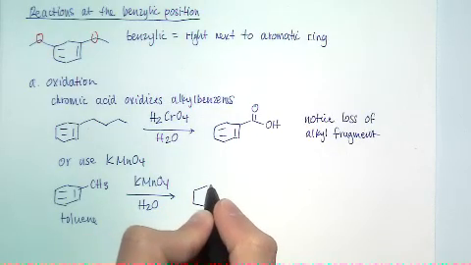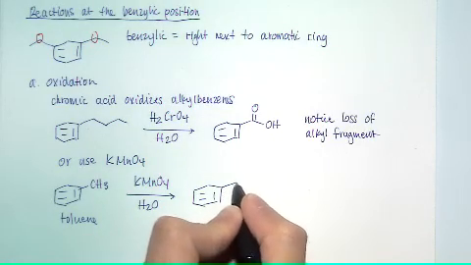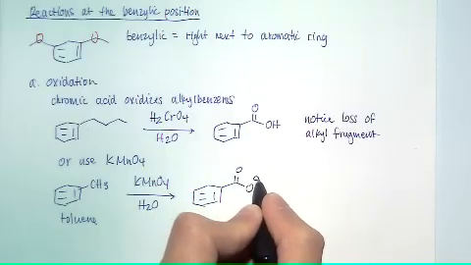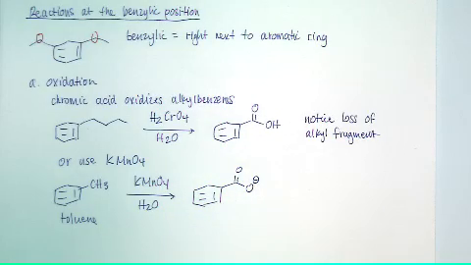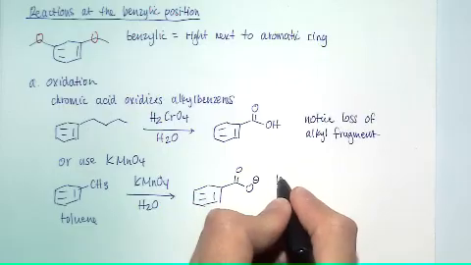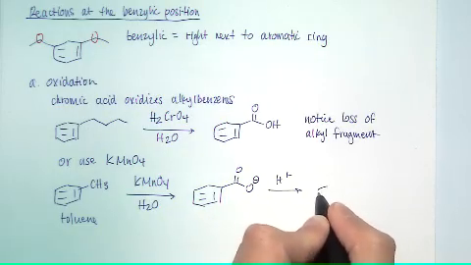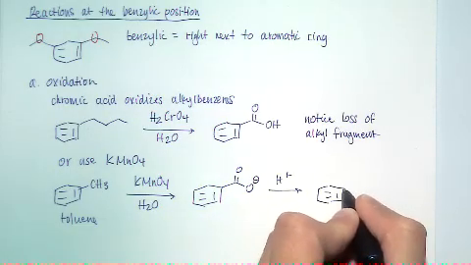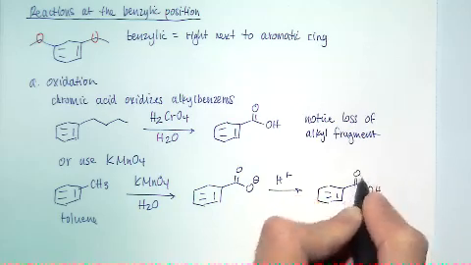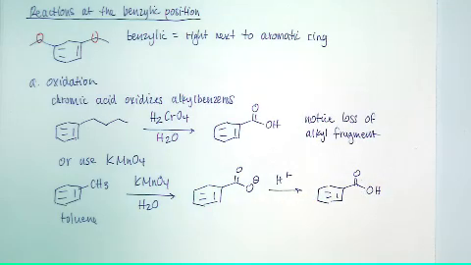What you actually get out of that reaction first is benzoate, and then you have to acidify it, maybe with some hydrochloric acid or something like that, to get the carboxylic acid. But same transformation. And if you were to do that reaction with a longer chain on the benzene ring, you would have the same thing where it cuts off everything except for one carbon atom.